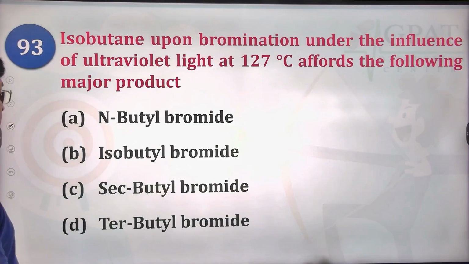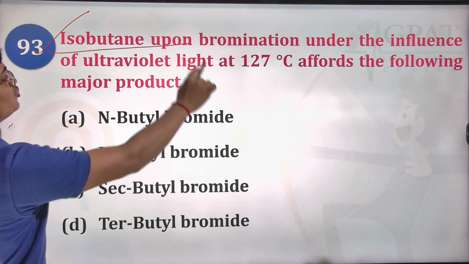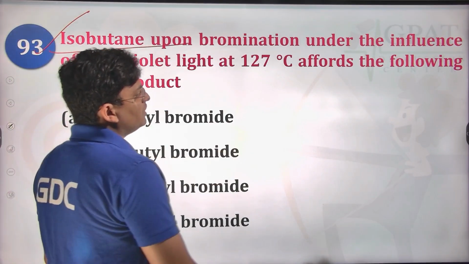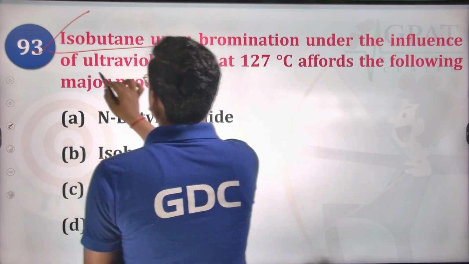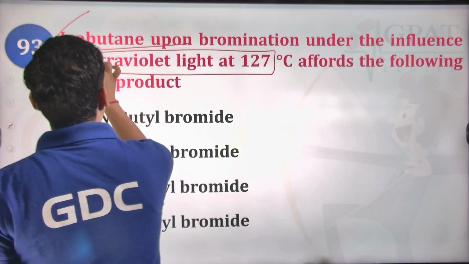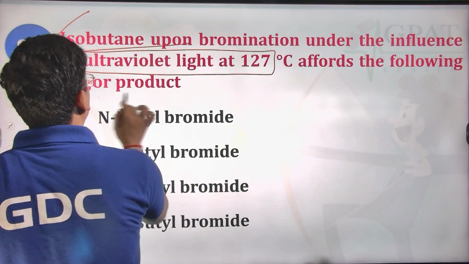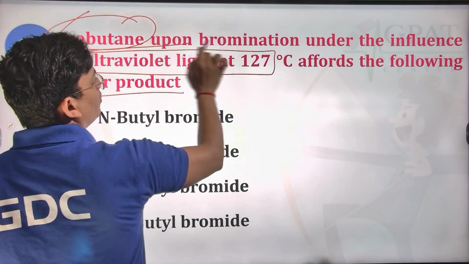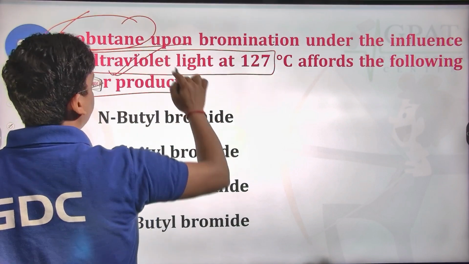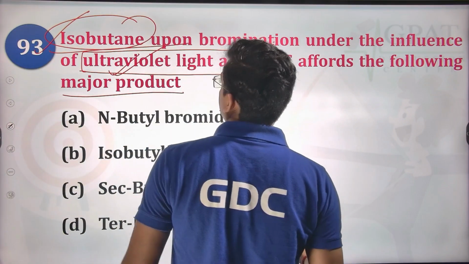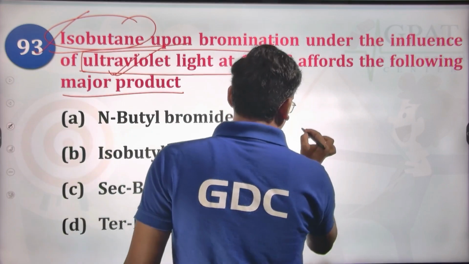Okay. Next question we are having, isobutane upon bromination under the influence of ultraviolet light, UV light at 127 degrees centigrade, affords the following major product. So isobutane bromination under UV, that is a free radical substitution reaction. Isobutane, all right.